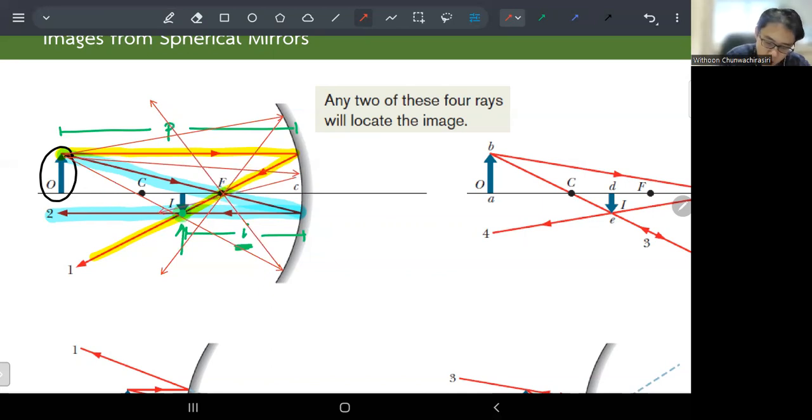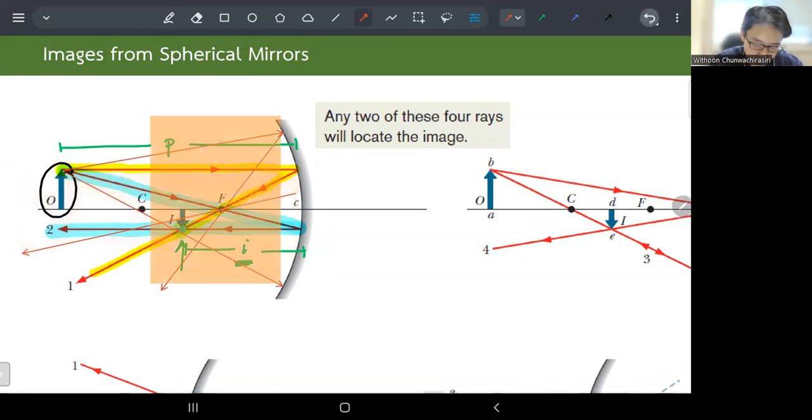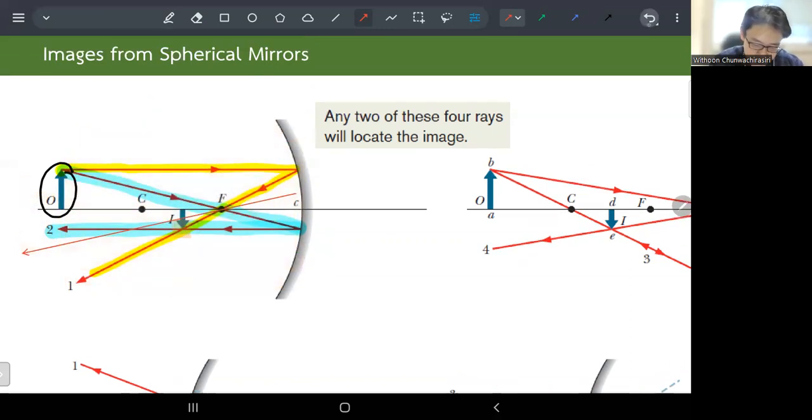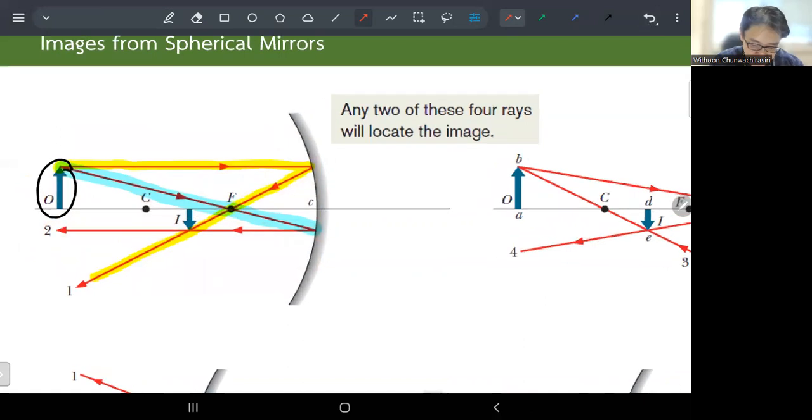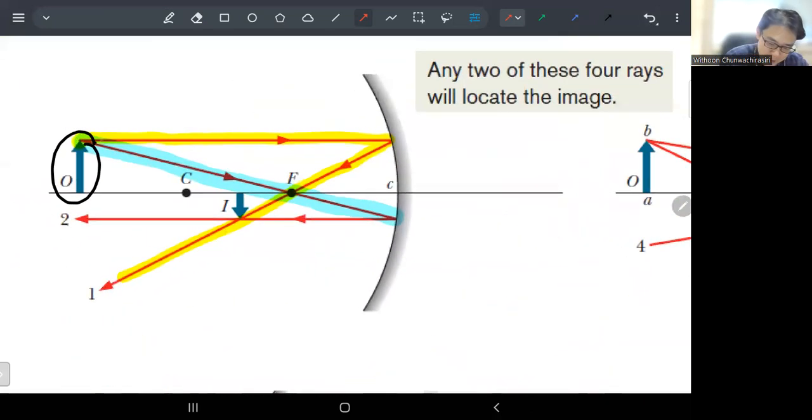So you can draw as many rays as you like, but they're all going to intersect at a single point. And that point, my bad, sorry, wrong one. It's supposed to intersect at the image location, right there, at the tip of the image.